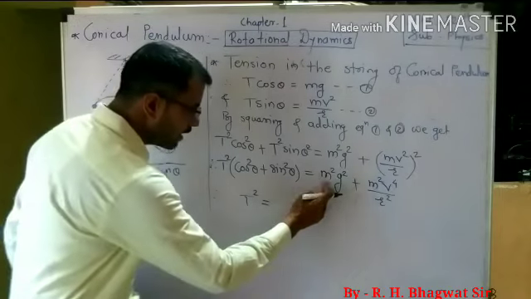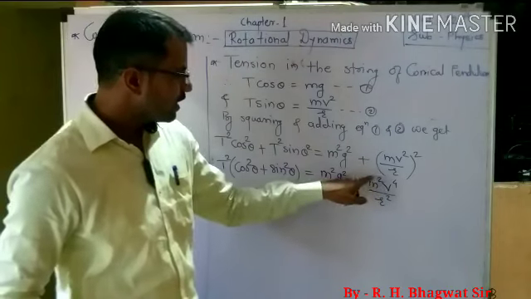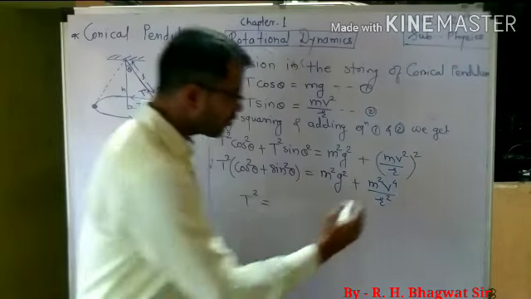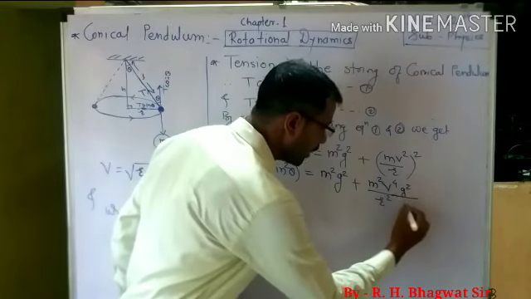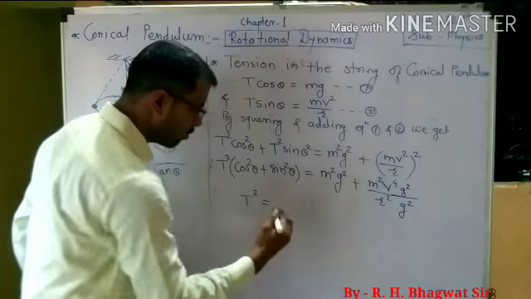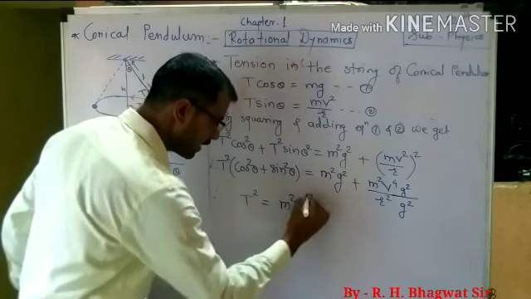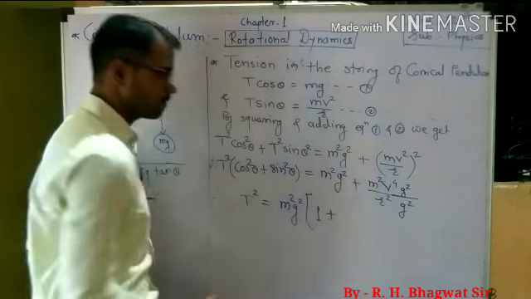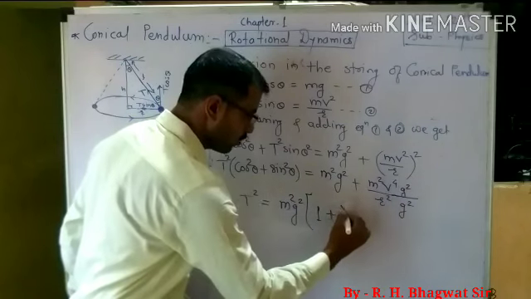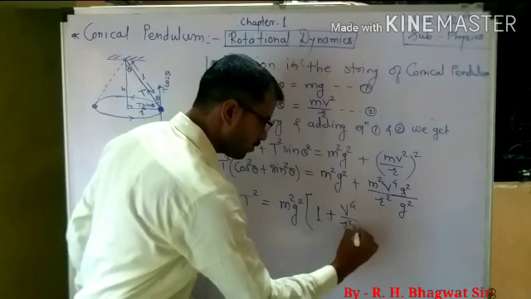Now we have to consider m square g square as common, but in the second term there is m square but there is no g square, therefore we can multiply it by g square and divide by g square. Now consider m square g square as common, m square g square in bracket 1 plus v raised to 4 divided by r square g square.